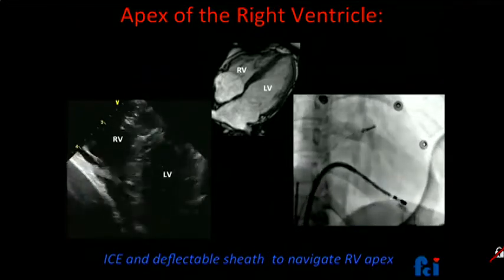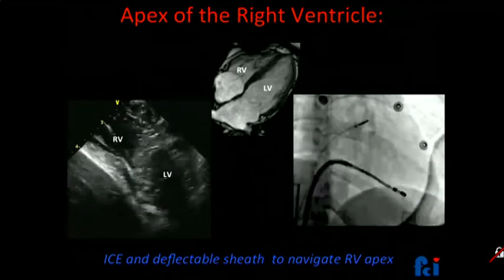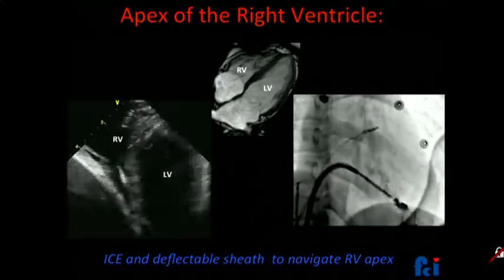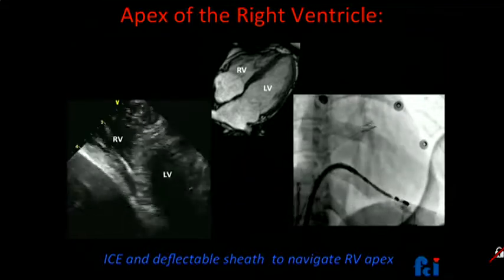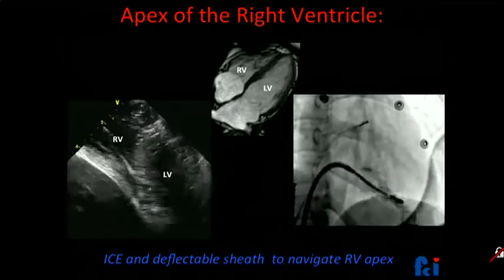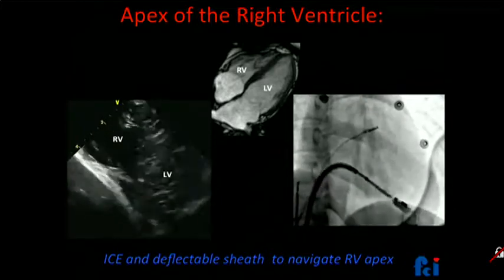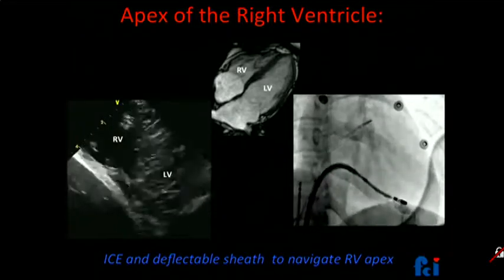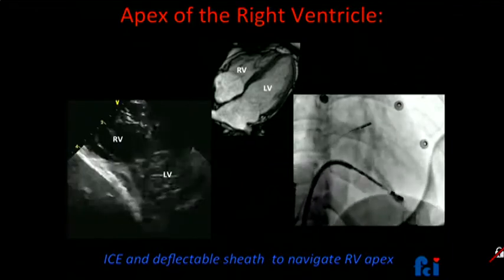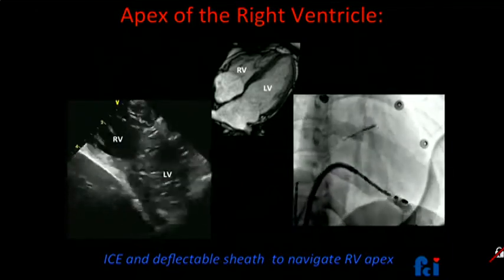Now regarding how to map, bearing in mind, well, I lost my pointer here, that this anatomy that I have explained, we need to understand that advancing the mapping and ablation catheter to the tip of the right ventricle is not always easy. And obviously, using ICE is very useful.